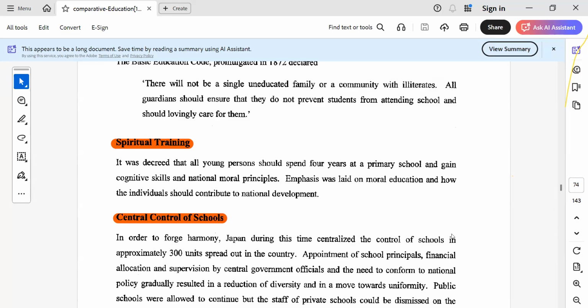Yes. Yes. Madam, can we get those things as PDFs? These notes?